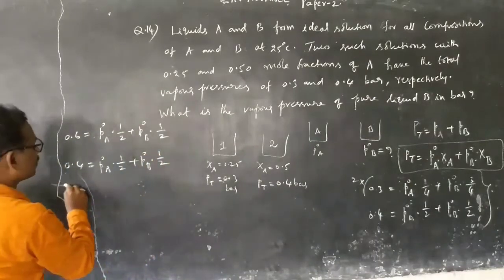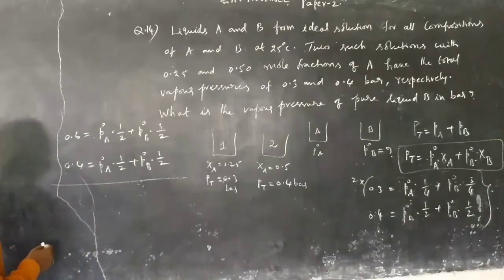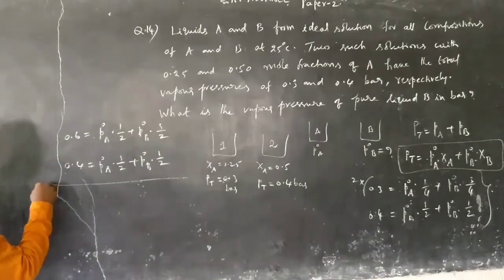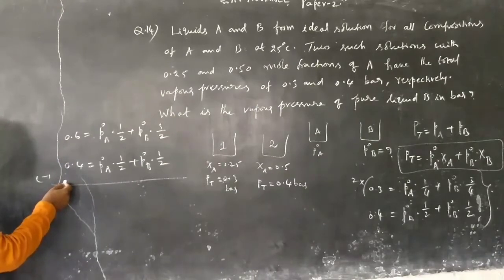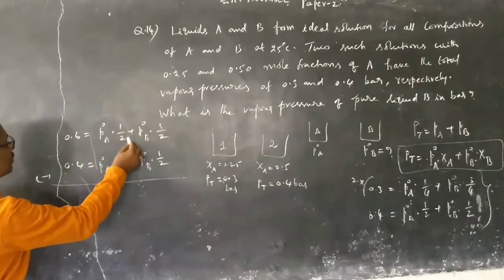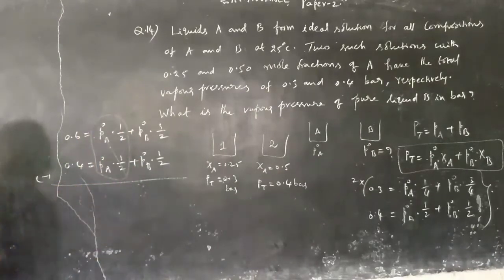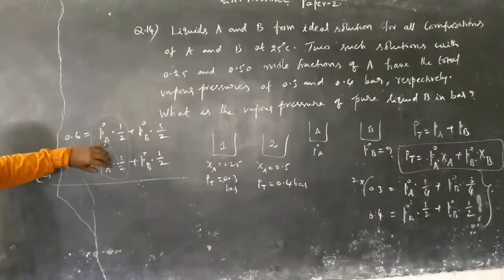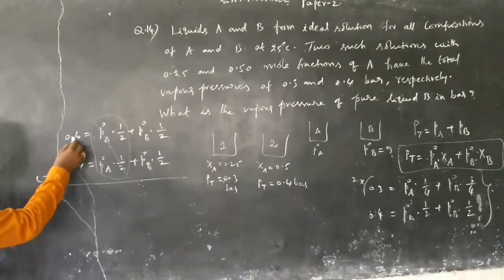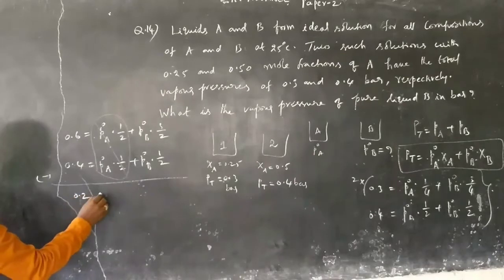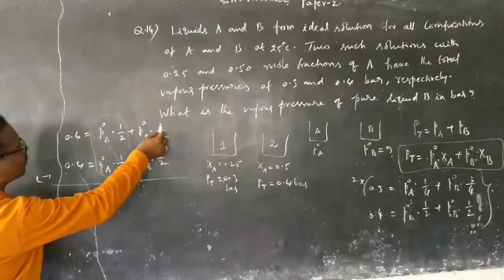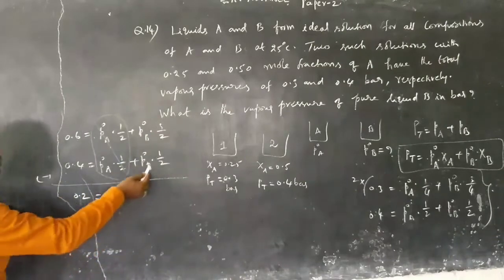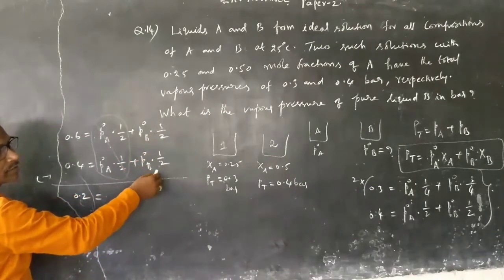If you add the two equations, what will you get? Otherwise, you just subtract: upper equation minus lower equation. That means the P naught of A term will get cancelled, exactly the same here, positive and negative. Then 0.6 minus 0.4 is equal to 0.2. Here it is 1 and 3 by 2, that means 1 and a half, and this is only half. 1 and a half minus half is equal to 1.